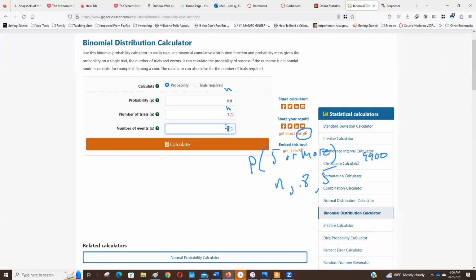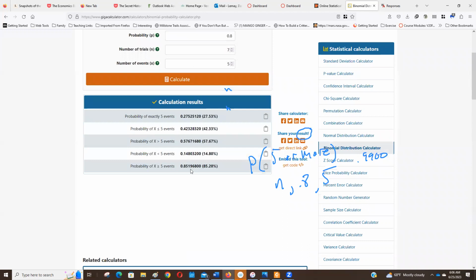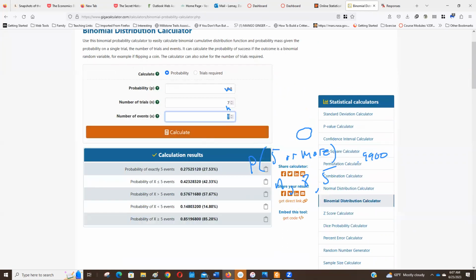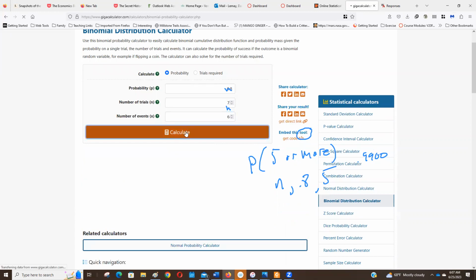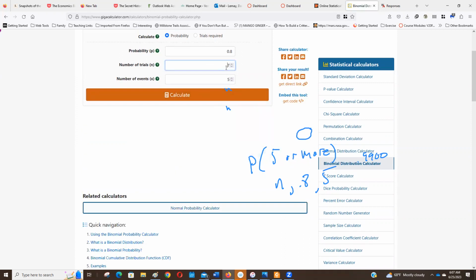So let's go back and do some guessing and checking. Number of events, number of trials. So I'm looking for trials. Let's calculate it. We know it's 10. See, that's not high enough. 5 or more, that's what we want it to be 0.9. So then we'd have to guess and check 6. Well, what if it's 6? Sorry, I did that wrong. 5 here. We have to make this 8.